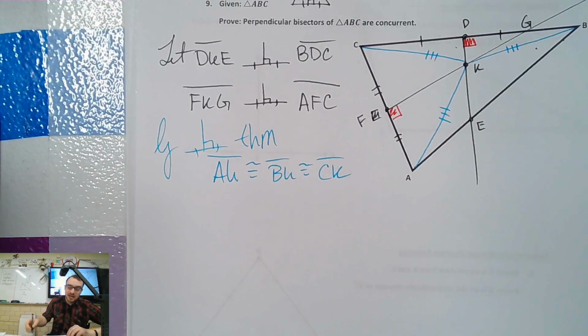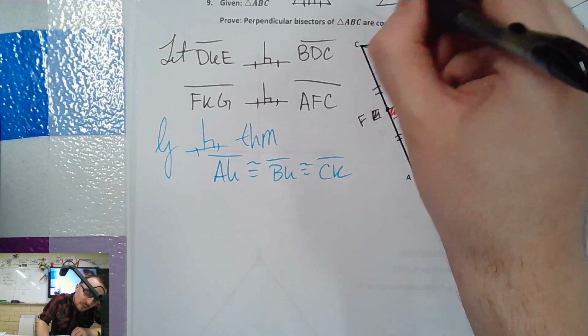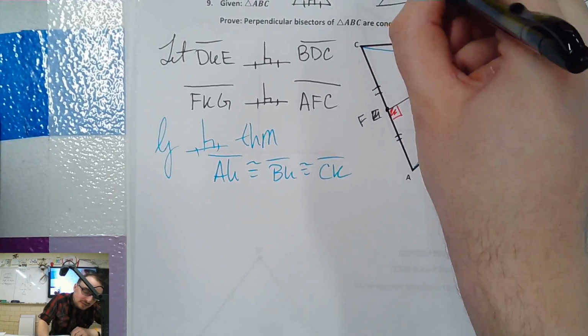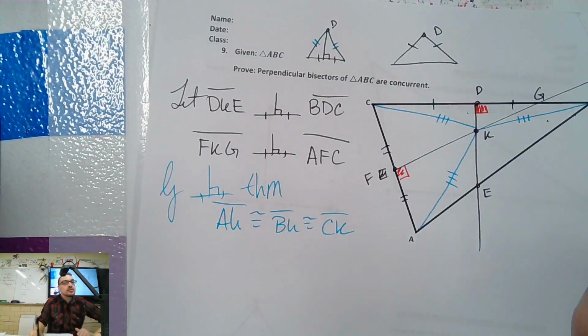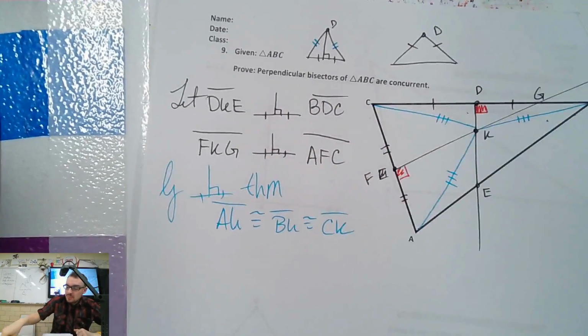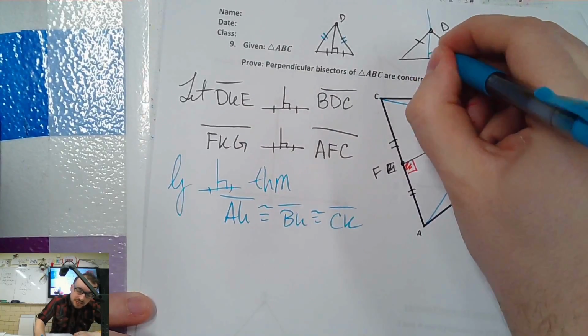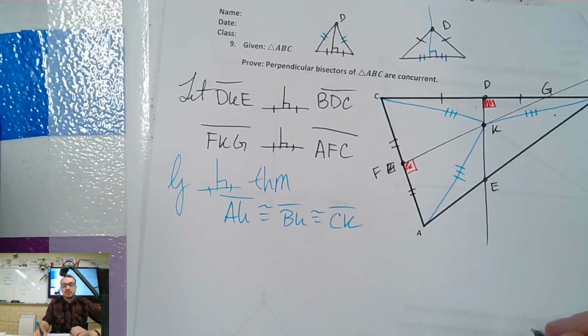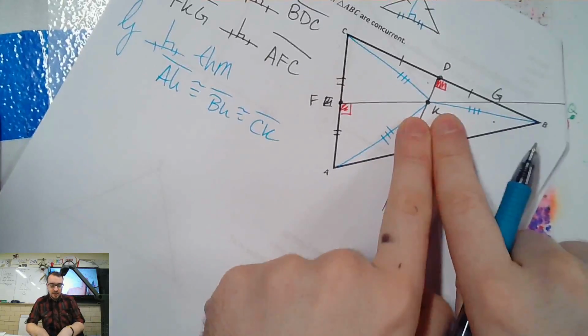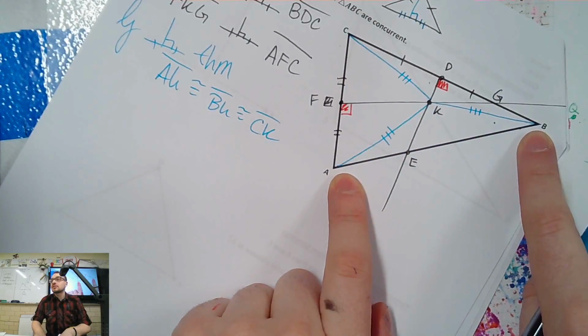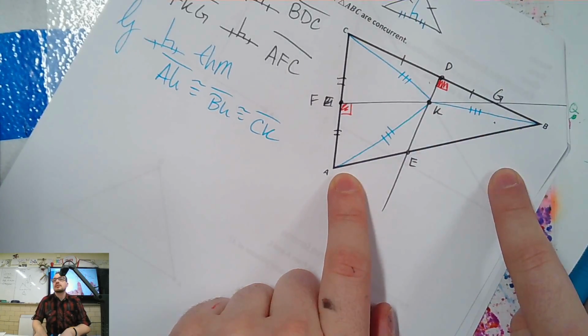Okay. Now here's the thing. Perpendicular bisector theorem converse says if a point is equidistant from the endpoints of the segment, right, then that point must be on this guy's perpendicular bisector. Well, isn't K equidistant from A and B's endpoints? Then it must be on AB's perpendicular bisector.